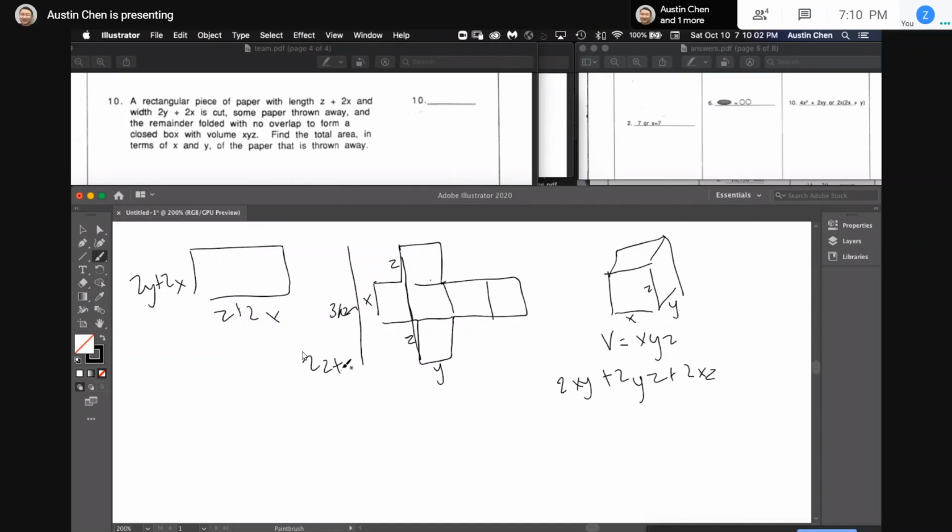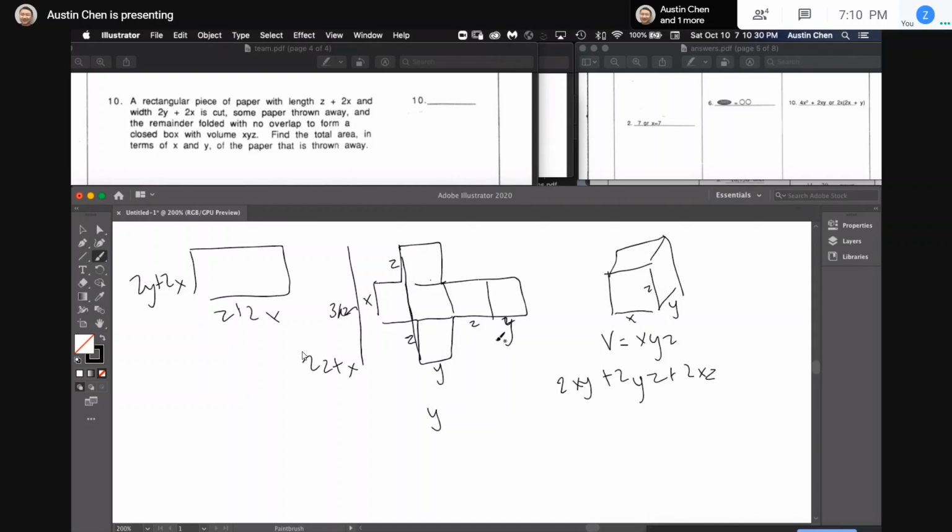So this side is going to be 2z plus x long, and this side is going to be y, and these side lengths are z, right? No, this side length is y, but this one, wait, what? Yeah, this side length is z and this side length is y.